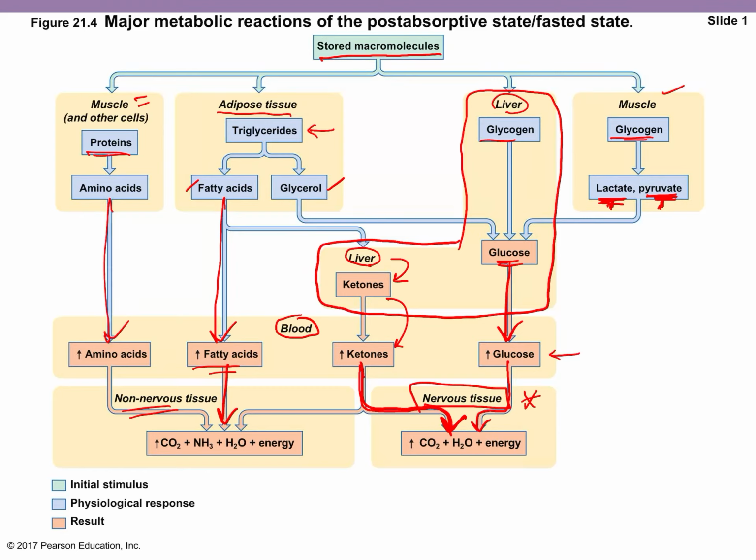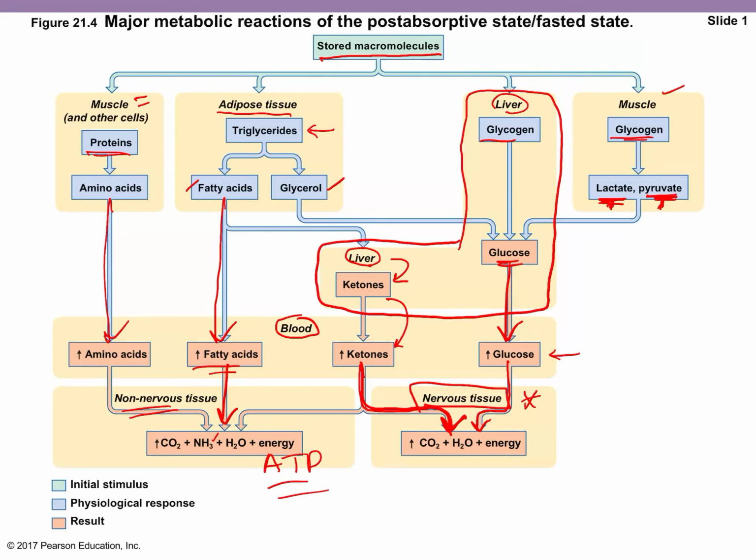Amino acids come into the bloodstream and then kind of do their thing, right? They can go into your non-nervous tissue. Your cells can either use those amino acids as intermediates in the cellular respiration process to make ATP, or use them for other things. But if you're starving, it's probably going to be used for production of ATP.